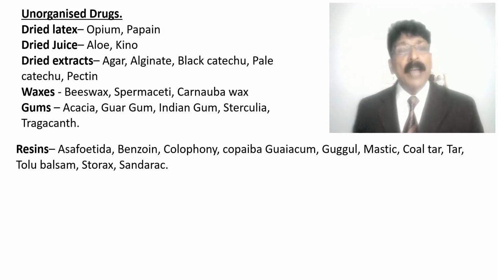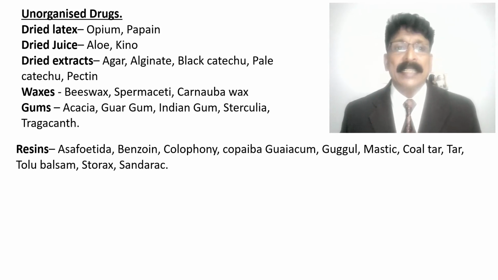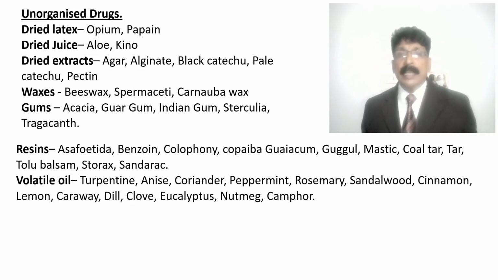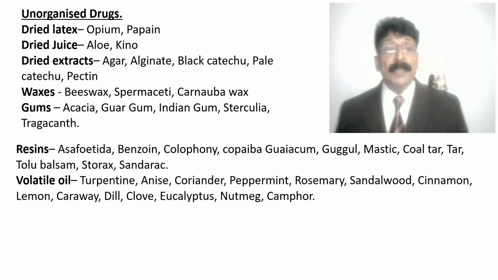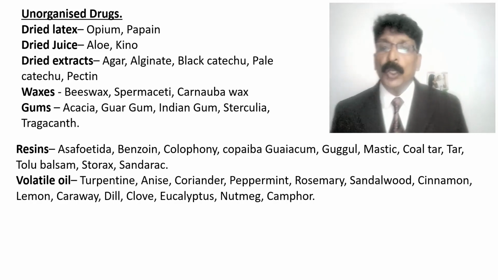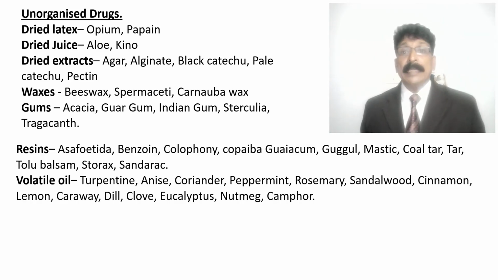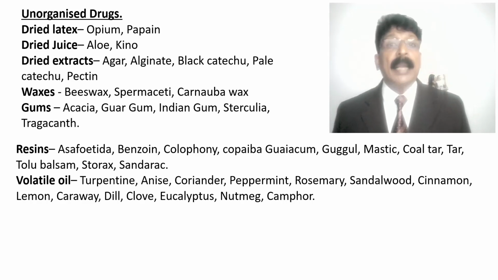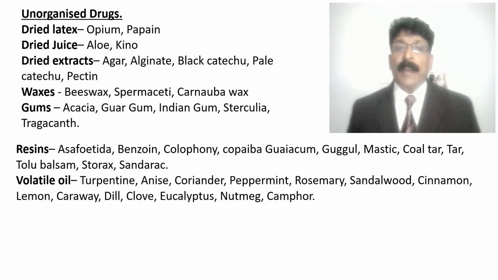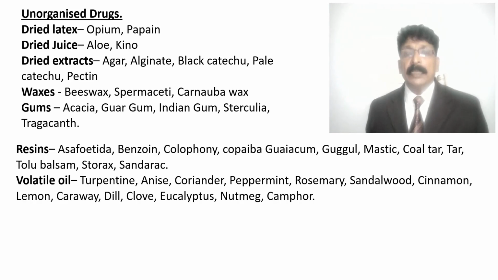tolu balsam, storax, sandarac. Volatile oils, examples: turpentine, anise, coriander, peppermint, rosemary, sandalwood, cinnamon, lemon, caraway, dill, clove, eucalyptus, nutmeg, camphor.